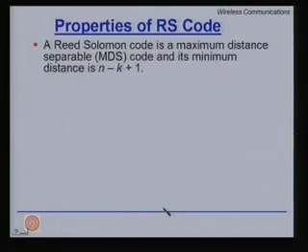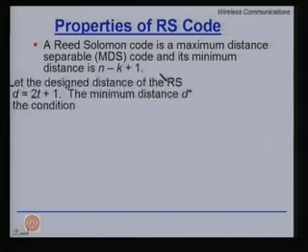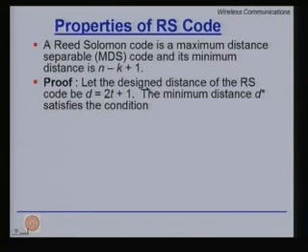Some properties of RS code. A Reed-Solomon code is a maximum distance separable code, and its minimum distance is n minus k plus 1. Why? Let the designed distance for the RS code be d equal to 2t plus 1, then the minimum distance d star satisfies the condition d star greater than or equal to 2t plus 1.